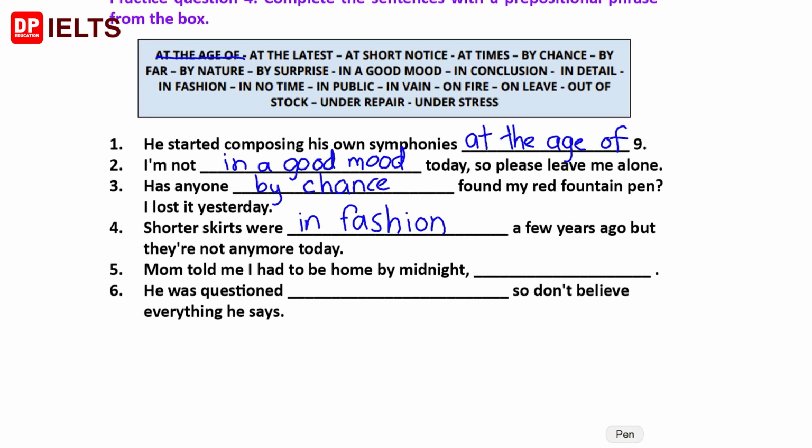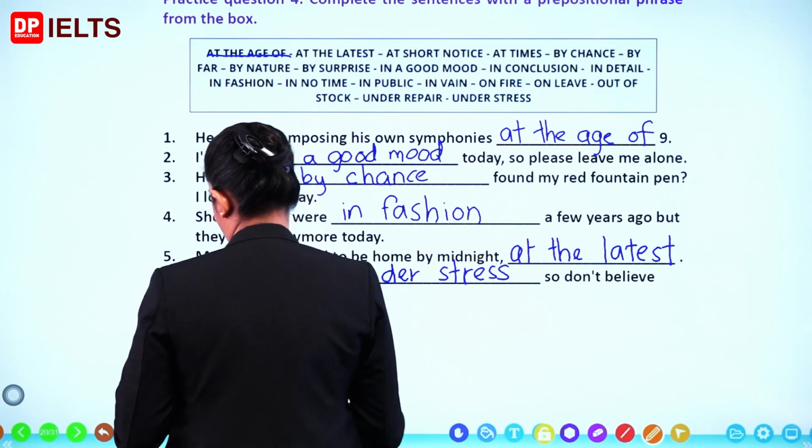Mum told me I had to be home by midnight at the latest. He was questioned under stress, so don't believe everything he says.